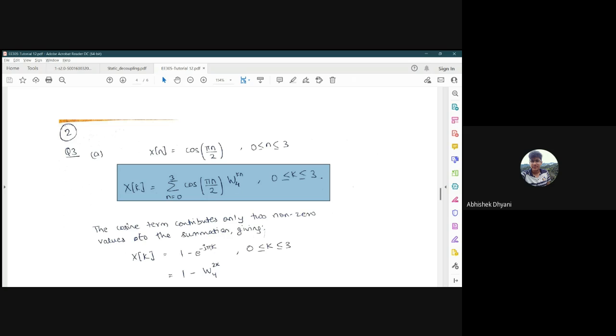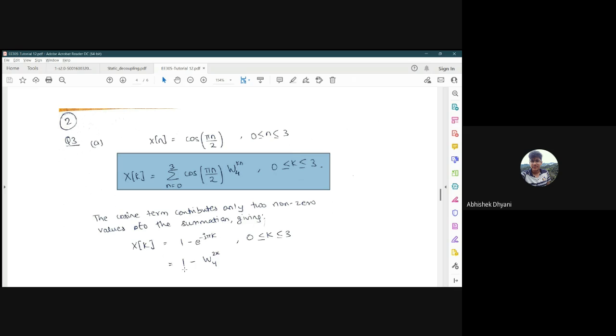Because n is 2 and capital N is 4. So we will get minus j pi k by 2 here, right? Or the shorthand notation will be 1 minus W_4^(2k), where in the subscript there will be 4, right? This is the symbol. So this is X[k], k from 0 to 3, right?